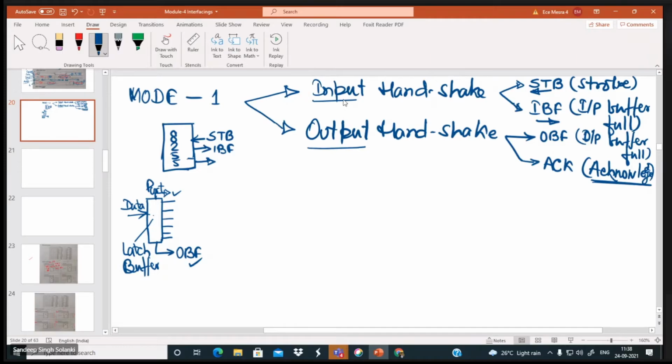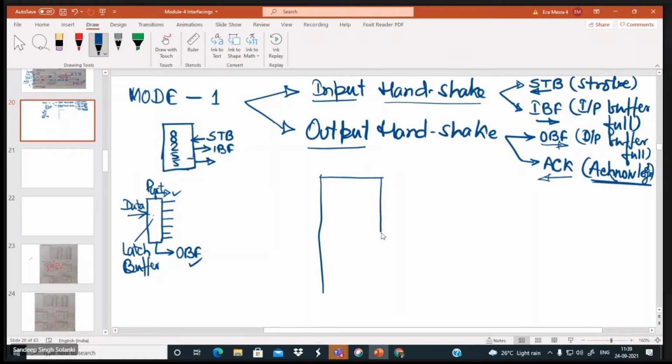If you assign your port as input, then the input handshake signals will appear automatically for those ports in the name of strobe and IBF. If you assign your ports as output, then their handshake signals will appear as OBF and acknowledge, and OBF will always be output and acknowledge will always be input. Am I clear till here? Yes, sir. Understood.